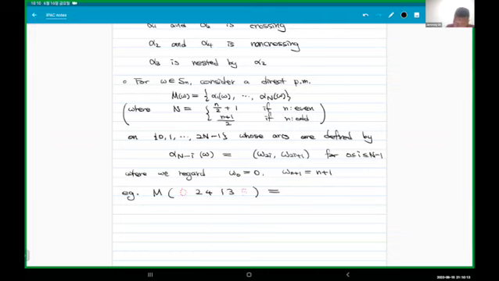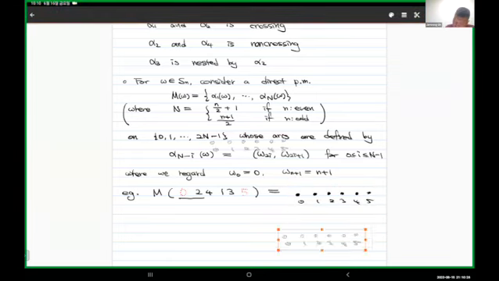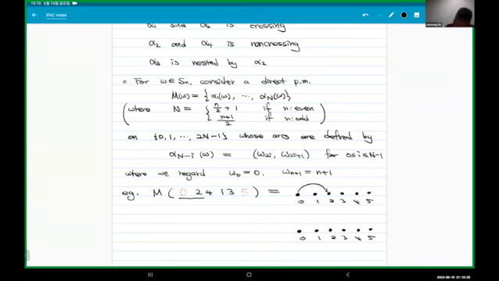So you put 0 and n plus 1 and connect 0 and 2 to get the last arc, alpha 3. And connect 4 and 1 to obtain alpha 2, and 3 and 5 will give alpha 1.